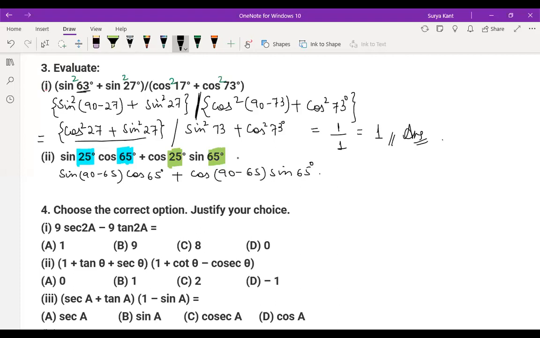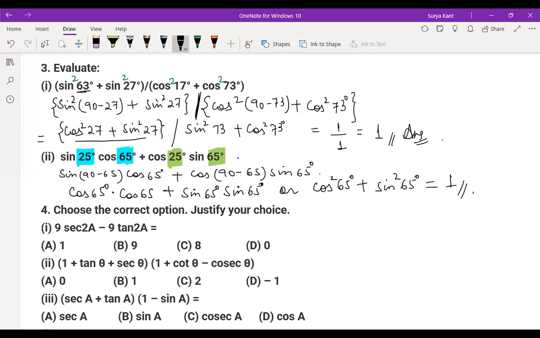So sine 90 minus theta is cos theta, that is cos 65 degree, and again cos 65 degree, plus cos 90 minus theta is sine theta, so sine 65 degree, and again sine 65 degree. If you look over here, what we can write here, cos square 65 degree plus sine square 65 degree. So your answer is 1 over here.